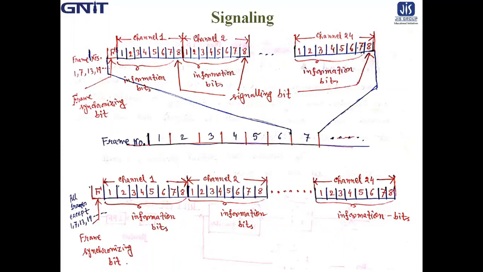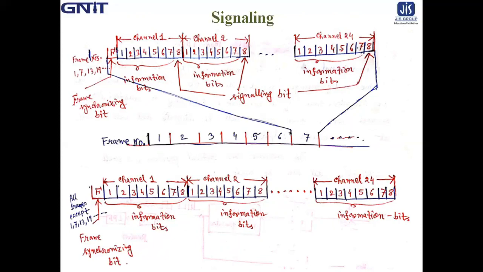The signaling information is often conveyed over a channel separate from that which carries the voice. But in the T1 digital system, a process called bit slot sharing is used to allow a single channel to transmit both voice and signaling.